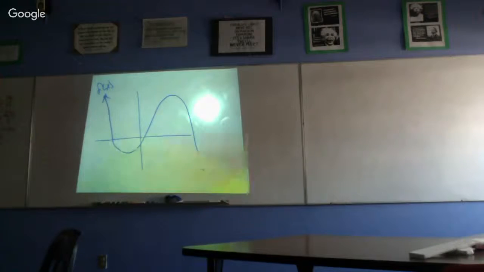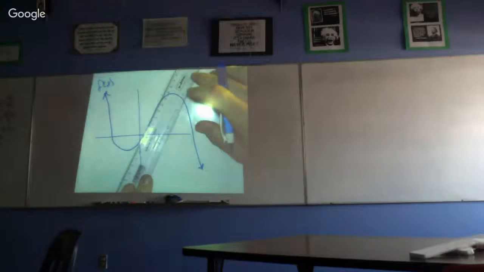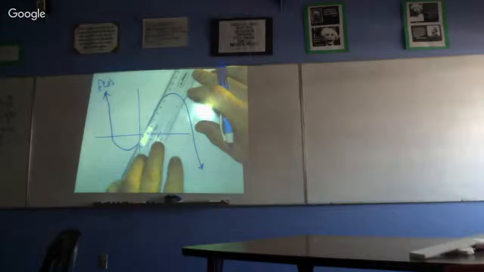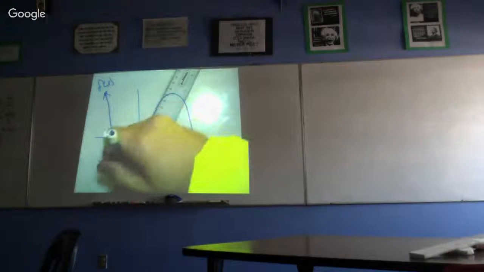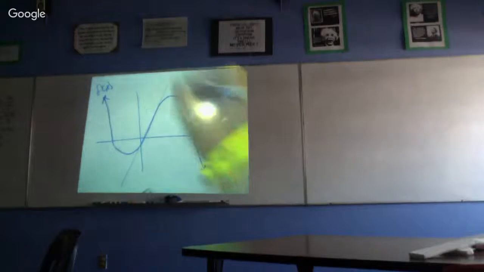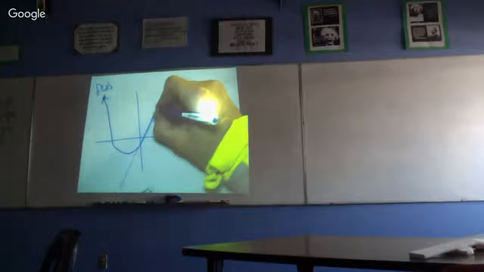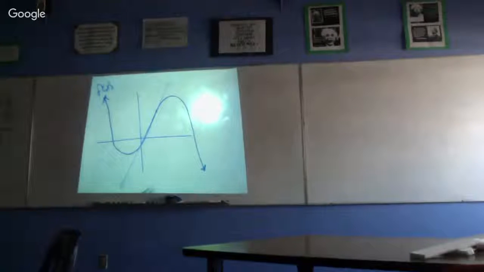A tangent to this f of x is going to touch it right here. It's going to come through, and it's going to be right there. So the tangent touches this curve at that one spot.